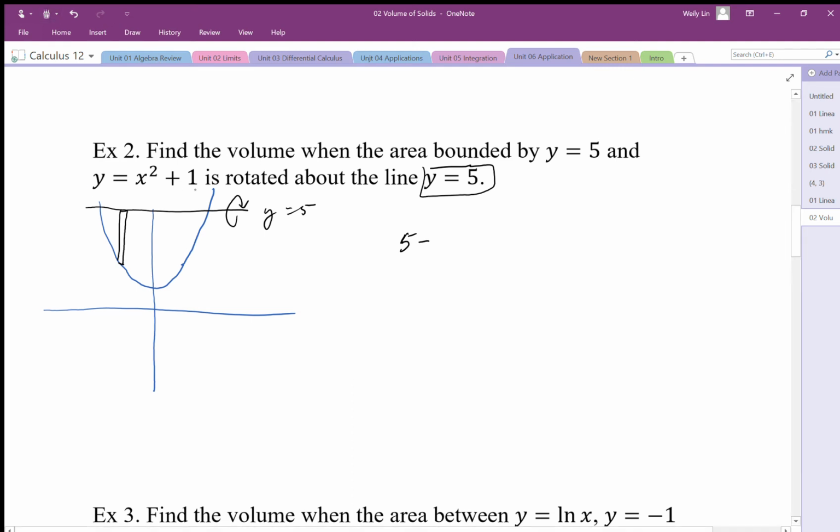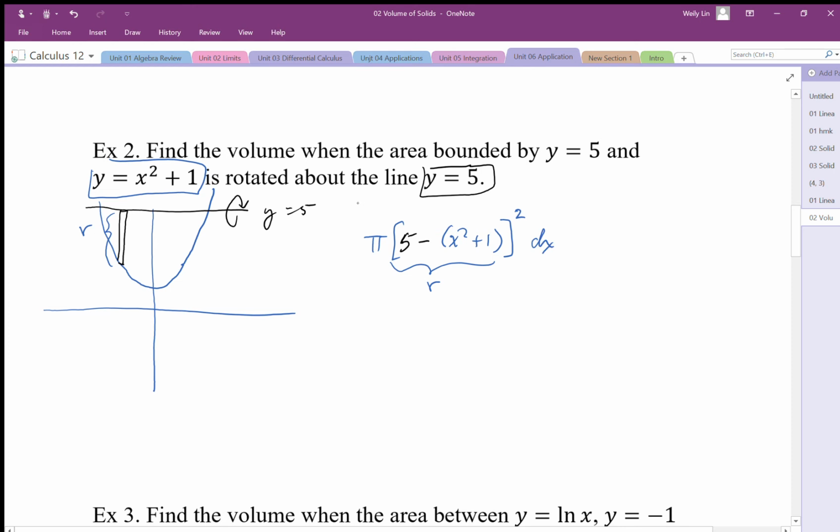This gives me this radius length, so that's my r. So I need to do pi r squared. That gives me the area of the circle that's going to generate. I want to give it some thickness like I've given it in the diagram here, so I'm going to give it some dx thickness.